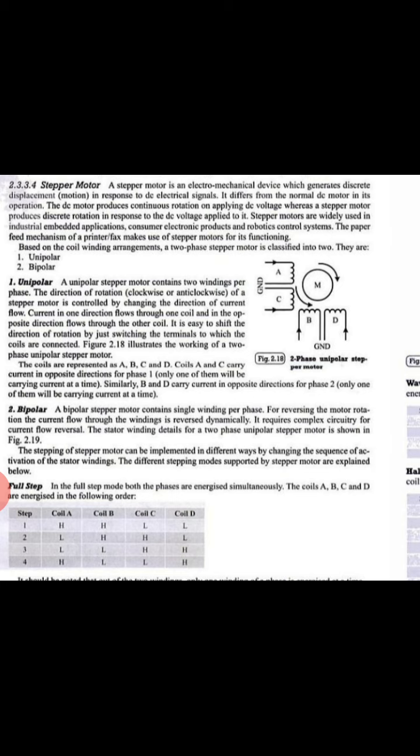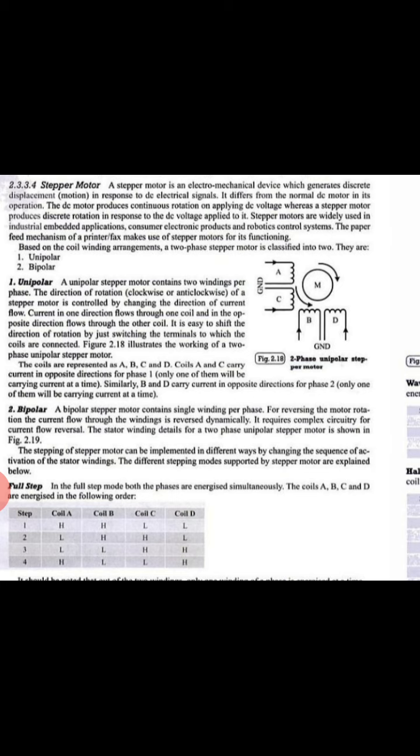The coils are represented by A, B, C and D. Coils A and C carry a current in opposite directions for phase 1. Similarly, B and D carry the current in opposite directions for phase 2.